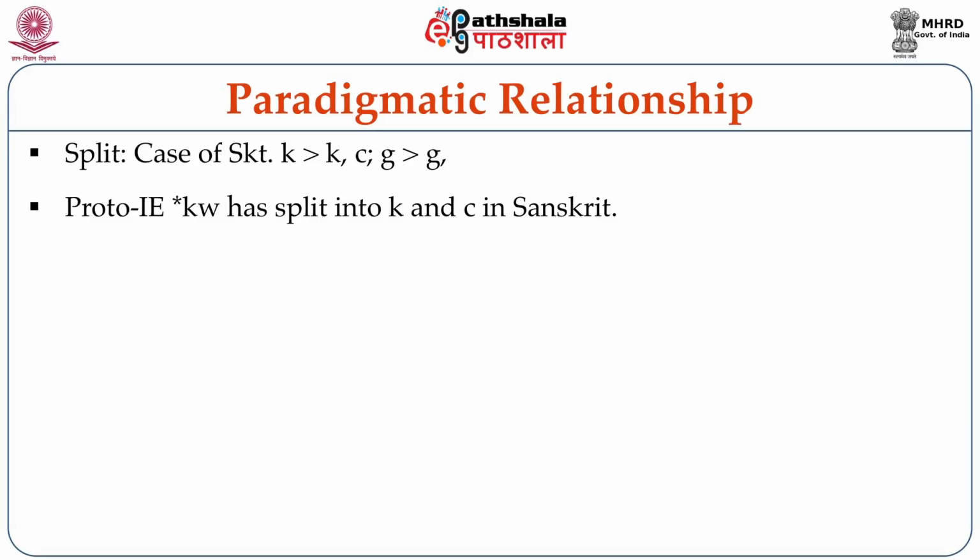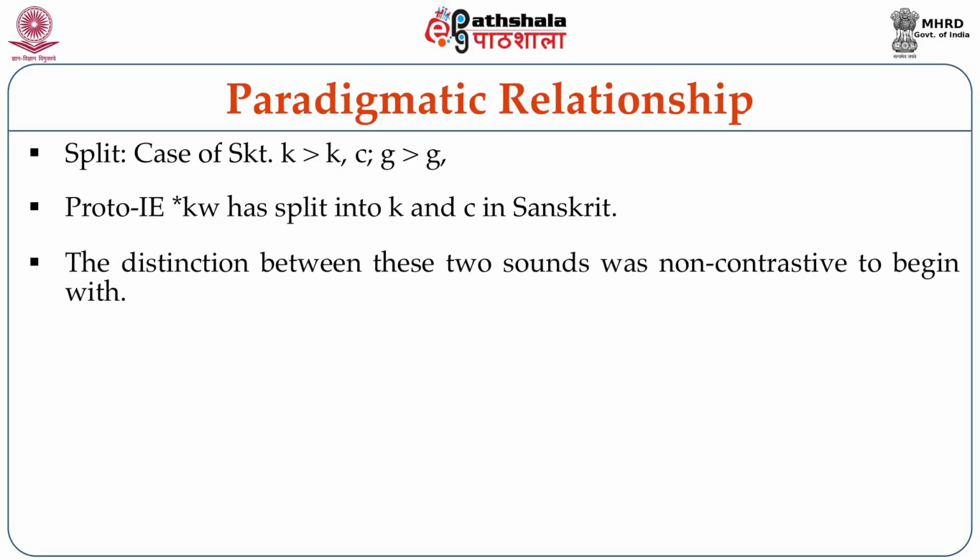Another example can be, in fact is connected with the Sanskrit, Proto-Indo-European kwa, a reconstructed form, kwa, has split into ka and cha in Sanskrit. The distinction between these two sounds was non-contrastive to begin with, as long as the conditioning was there.